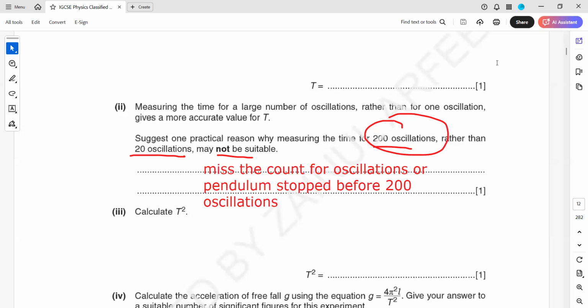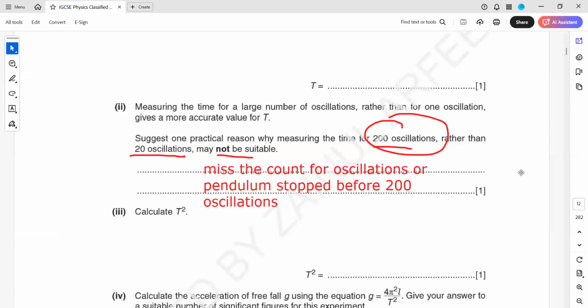So for practical reasons you write things related to the experiment. If the question asks why 200 is more accurate, you say it has a longer time period, so a lower percentage error, a smaller percentage uncertainty.